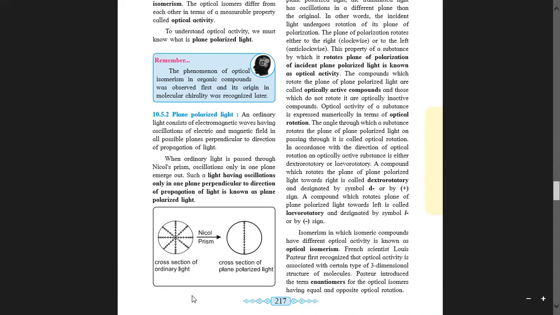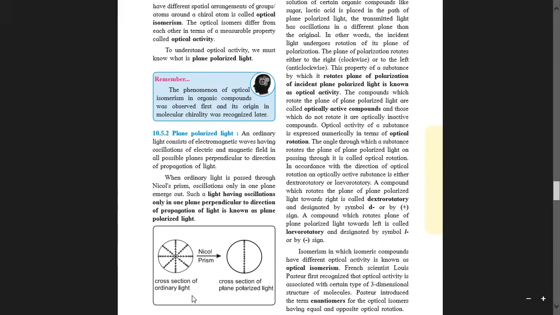In this figure, these light rays are vibrating in all possible directions perpendicular to the path of propagation of light. If we pass this ordinary light through a Nicol prism, then these light rays vibrate, oscillating in one plane, and that is called plane polarized light.